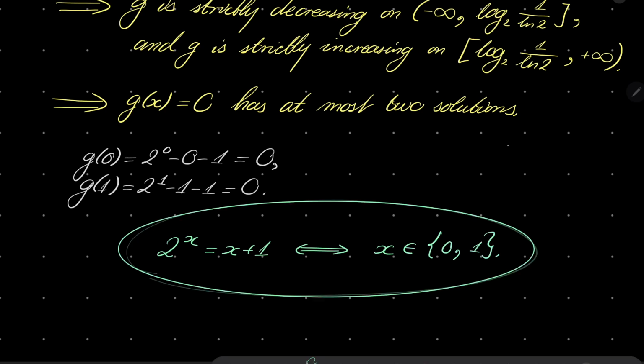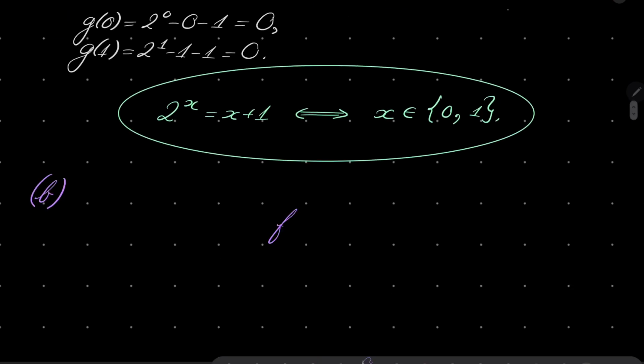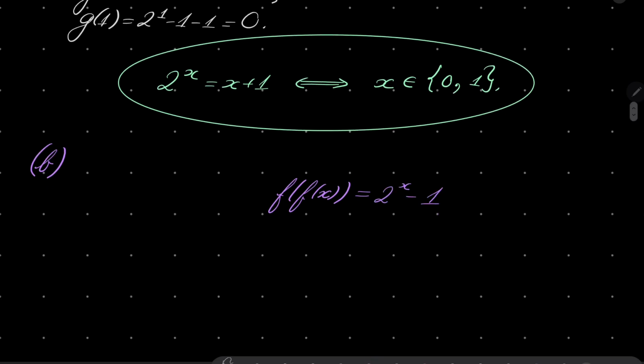That closes part A. Part B, much more interesting. In part B, we are assuming that f of f of x equals 2 to the power of x minus 1, if I'm not mistaken. Right.